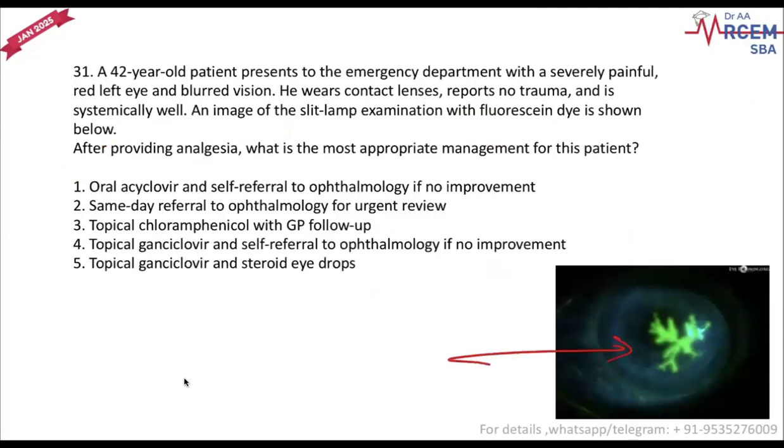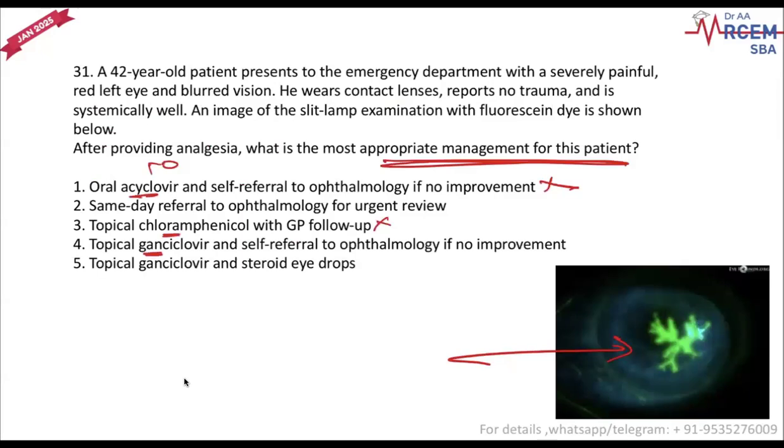You have a clear-cut diagnosis here. Dendritic lesions are present. So it is a dendritic ulcer caused by herpes simplex virus. What is the most appropriate management plan? Here, there was a little bit of confusion. Oral acyclovir will not be given, so we will rule it out. Topical chloramphenicol is given for bacterial infection, again we rule it out.